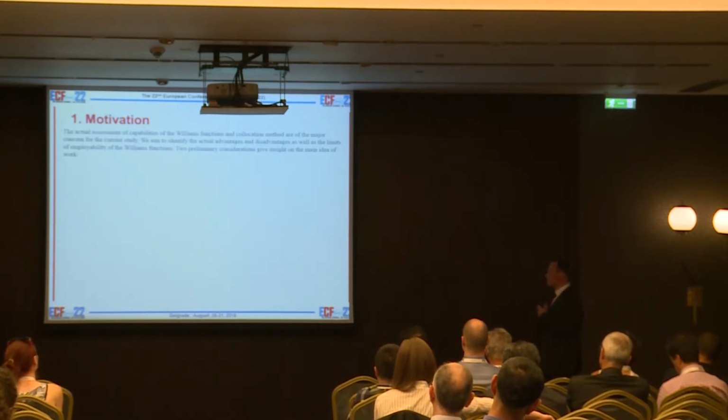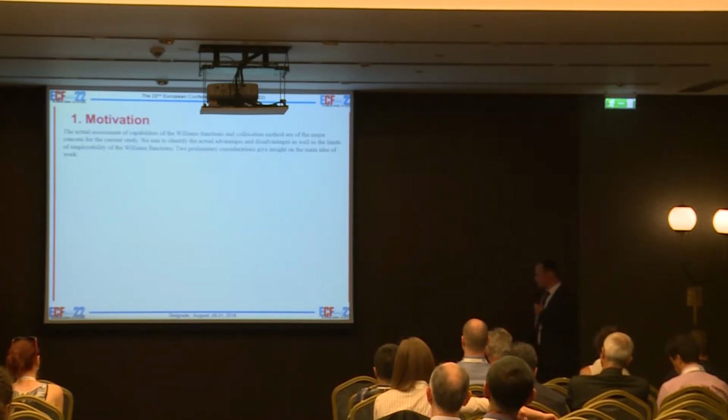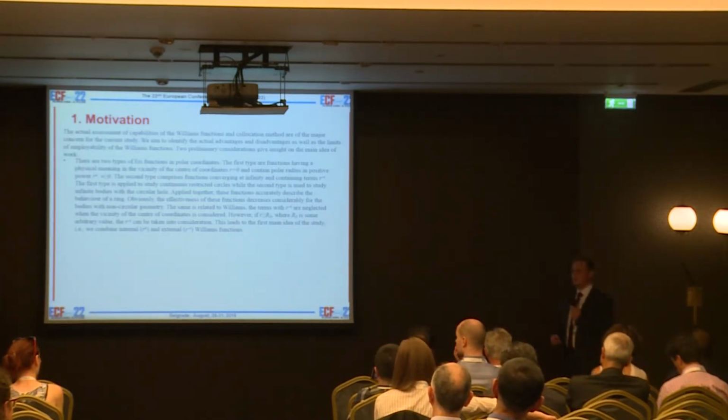The motivation of our work is to assess the capability of Williams functions and boundary collocation methods. We have two ideas. The first idea is the mutual use of internal and external Williams functions.